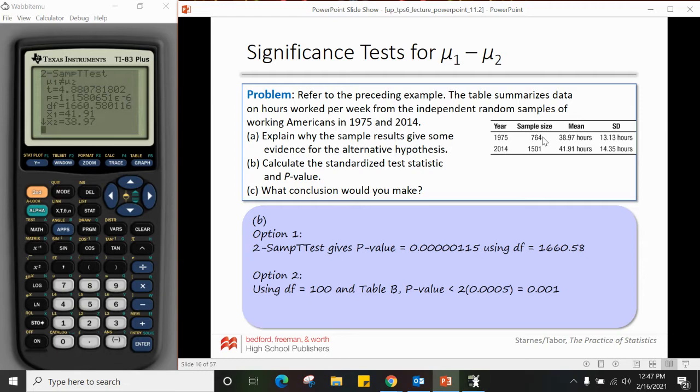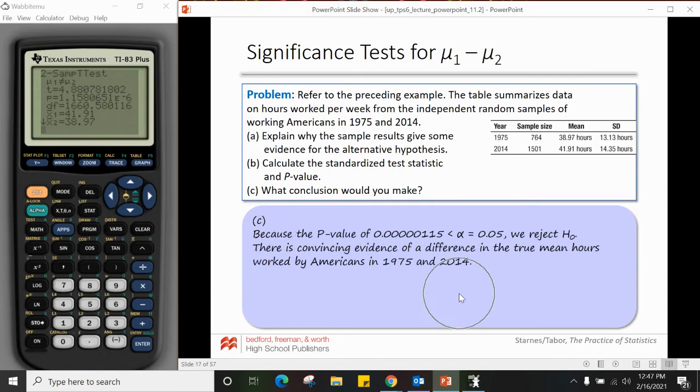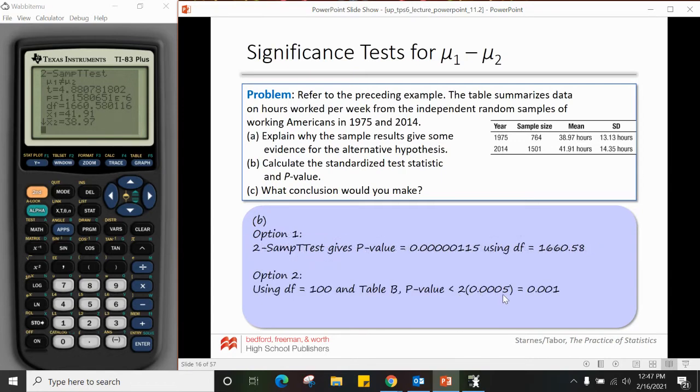The closest number on our table is between 100 and 1,000, so we have to round down to use degrees of freedom of 100 here. So with our table B p-value, we end up getting 0.01. And specifically, remember, this is a two-tailed test, so you have to multiply that probability by 2. The calculator automatically does it for you when you choose a does not equal.